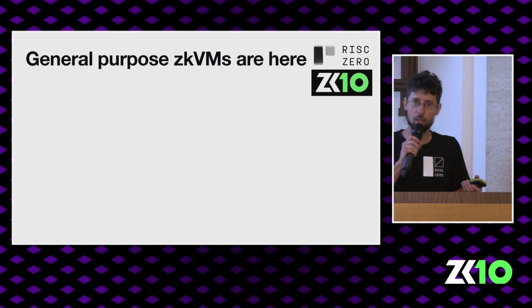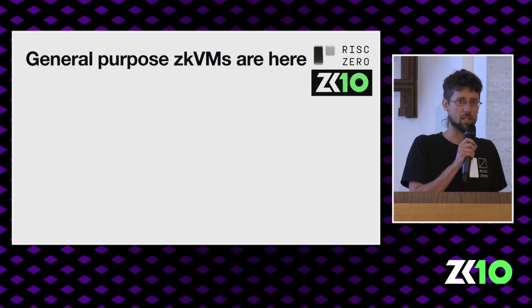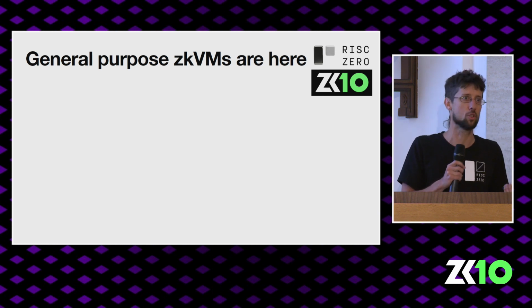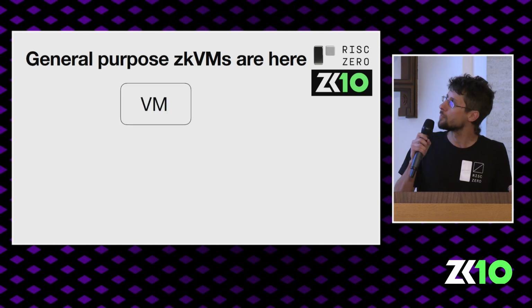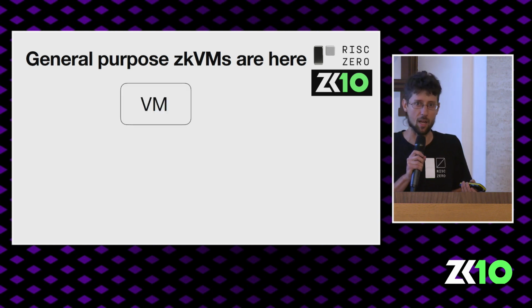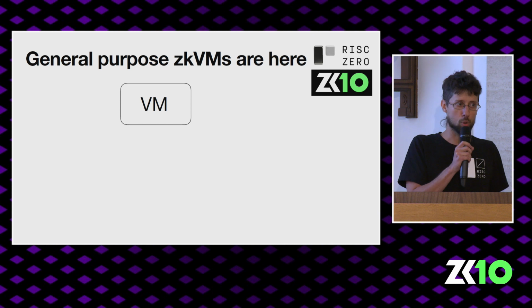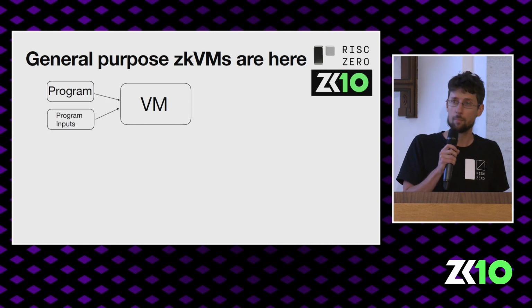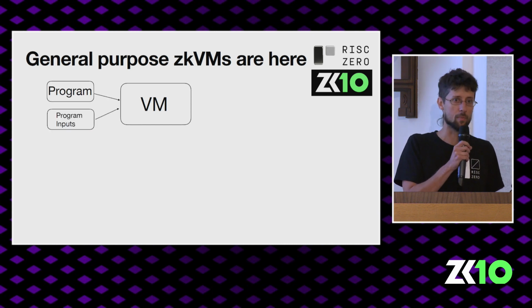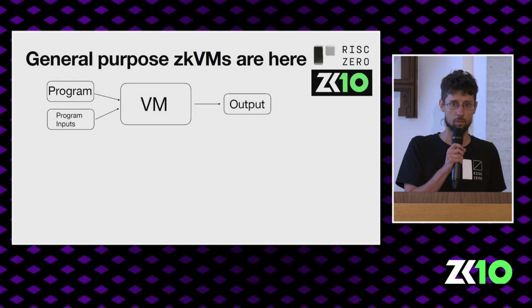I think the people in this room are relatively aware of zkVMs, so I'm going to speed through this relatively quickly. But general purpose zero-knowledge virtual machines are here, and we think they're going to continue to be quite important moving forward. Let me unpack what I mean by a zkVM. In a typical virtual machine, you feed in some program and some inputs to that program, and you get out some output.